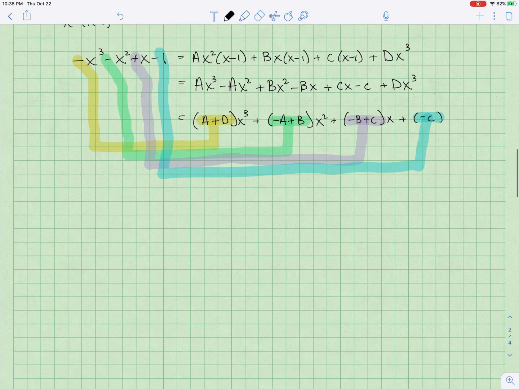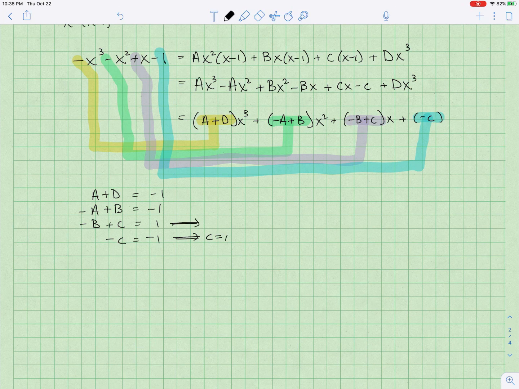So let's write out our equations here. a plus d equals negative 1. Negative a plus b equals negative 1. Negative b plus c is equal to 1. And negative c is equal to negative 1. So this tells me c equals 1.